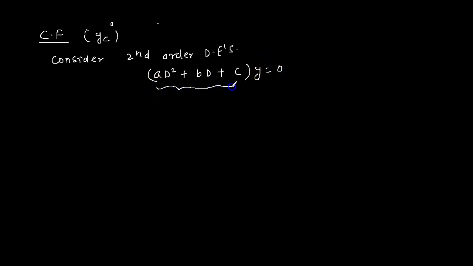So this is our f of d of y is equal to 0. So we need to first write the auxiliary equation. Auxiliary equation means wherever d is there, you substitute m, d replaced with m, and that is called the auxiliary equation. So we can write here a into m square.